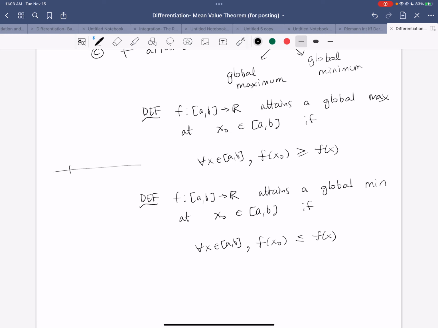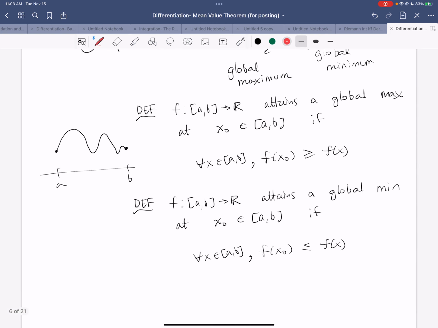So say I have a function that's continuous, and that's the graph of my function f on [a,b]. Then my local max would occur here, and here, and here.